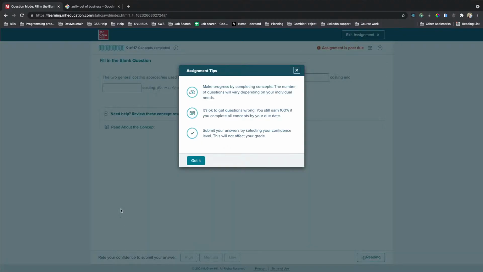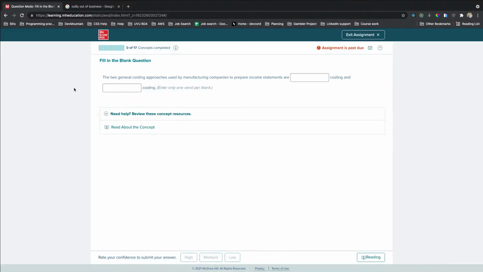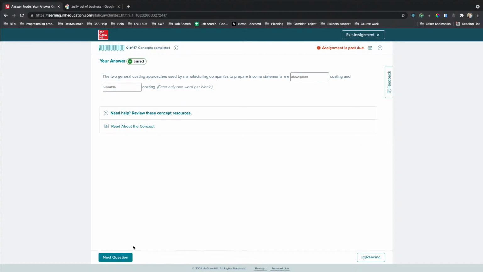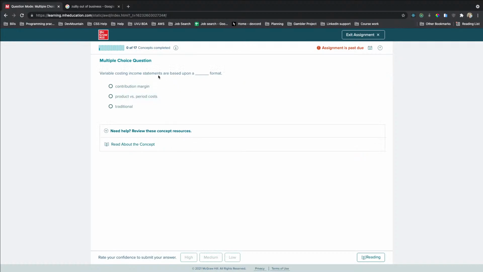Let's answer some questions. We've been at it a bit. Two general costing approaches used by manufacturing to prepare income statements are absorption costing and variable costing. Variable costing income statements are based upon a contribution margin. I really don't want to get this.